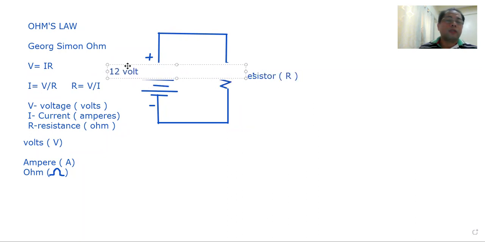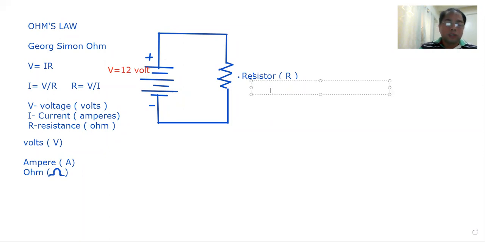We can call it with the letter V, of course. V for voltage. So we are supplying our circuit with 12 volts of battery. So positive side, negative side, and here is your resistor.